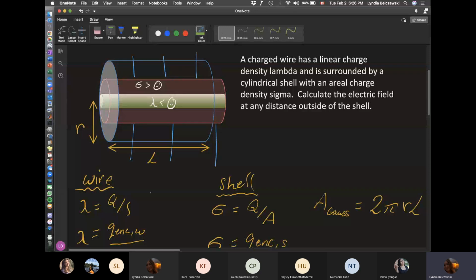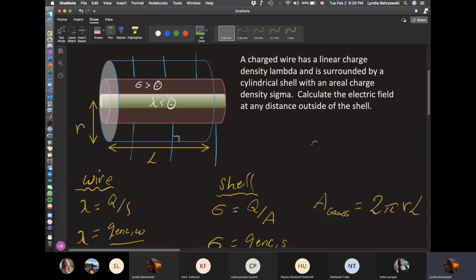When the electric field lines come out, you can see an example here. The electric field line intersects the Gaussian surface at a 90-degree angle. And that'll be the case at any distance for any electric field line.